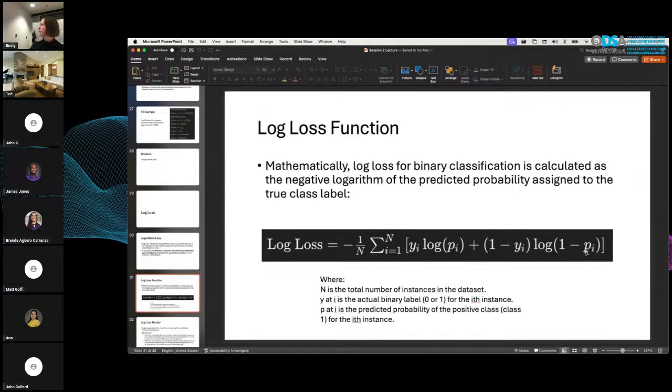But in this case, we want to do 1 minus p of I because we want to calculate the distance from 0. So if we want to calculate the distance from 1, it's log of p of I. The distance from 0, it's 1 minus p of I, which is why we turn this term on or off, dependent on whether it's 1 or 0. I hope that makes sense.